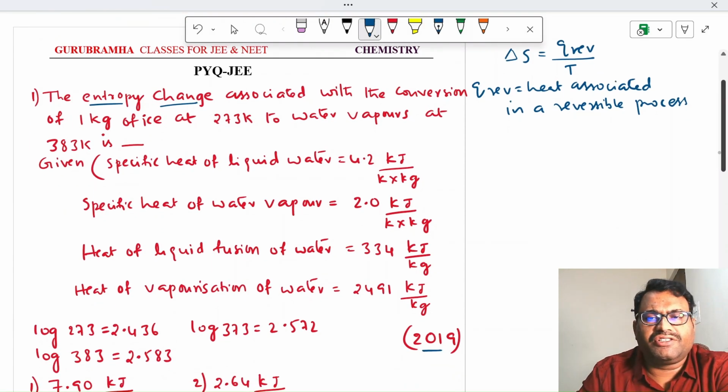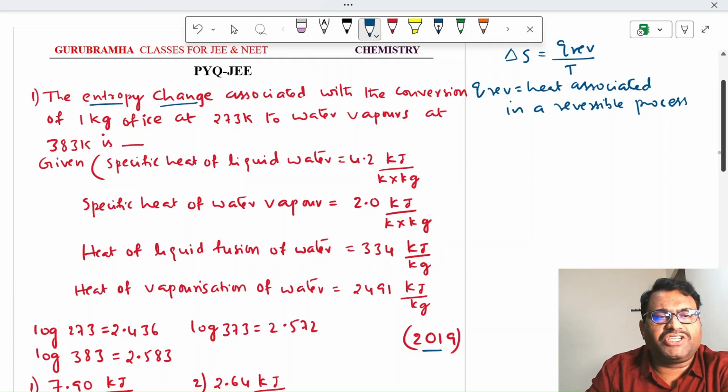Delta S is given as Q reversible by T, where T is a particular temperature, the temperature at which the system is absorbing that amount of heat.